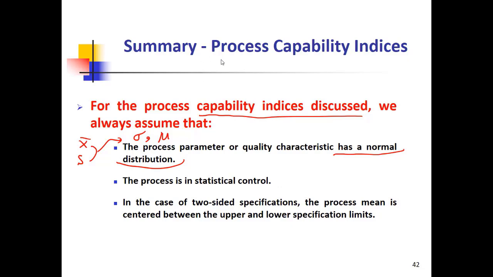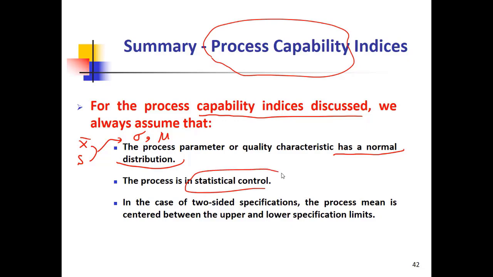When we talk about process capability, we already consider that the process is in control. In the case of two-sided specification, the process mean is centralized between the upper and lower specification limits. Ideally we want our data to be centralized with the same distance from USL and LSL.